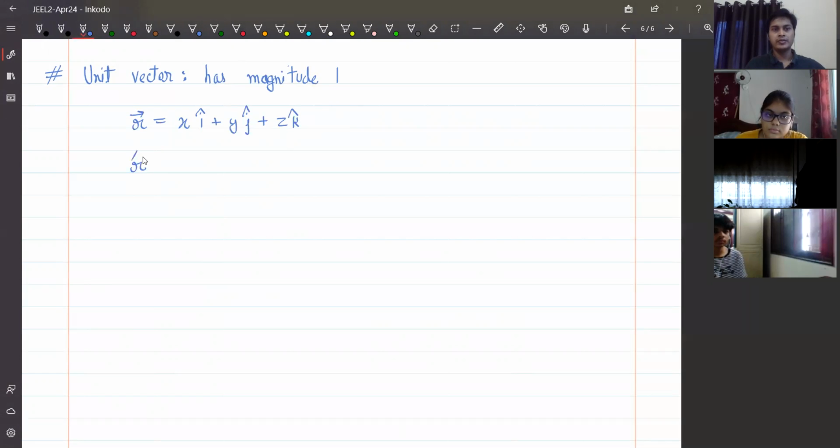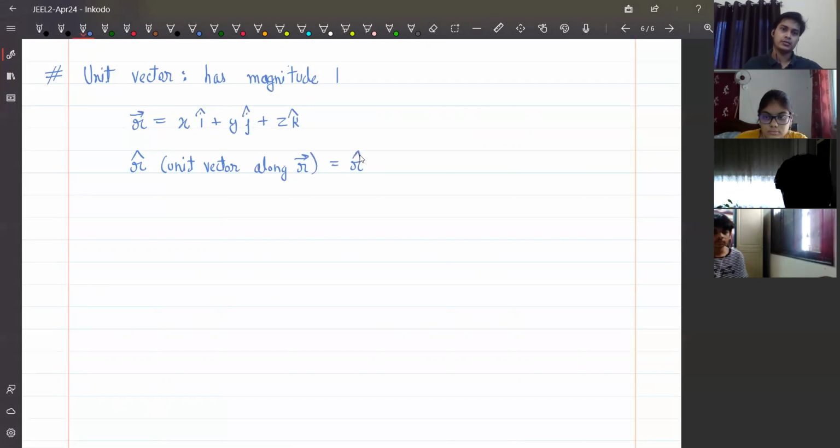We can write the unit vector along r. It is written with a cap, not a vector arrow. The unit vector along r vector is written as r cap. If I divide a vector by its magnitude, we get a unit vector.